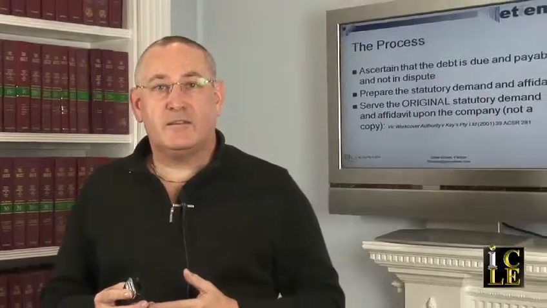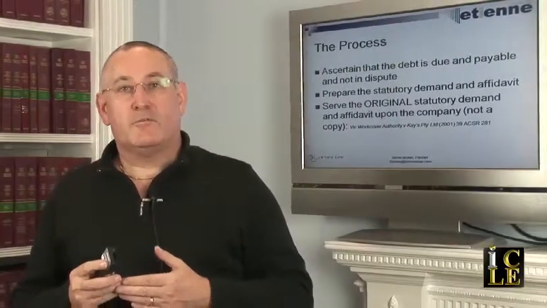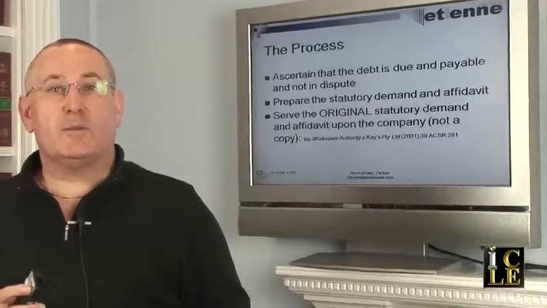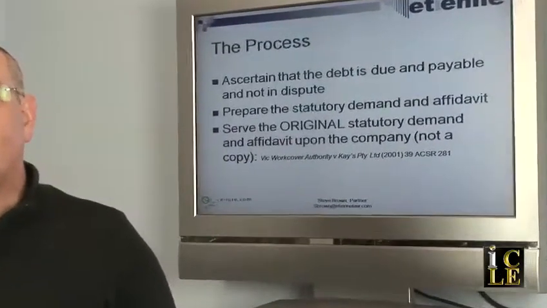The process of using a statutory demand is a simple one. First, one must ascertain that there is a debt that is due and payable and a debt that is not in dispute.